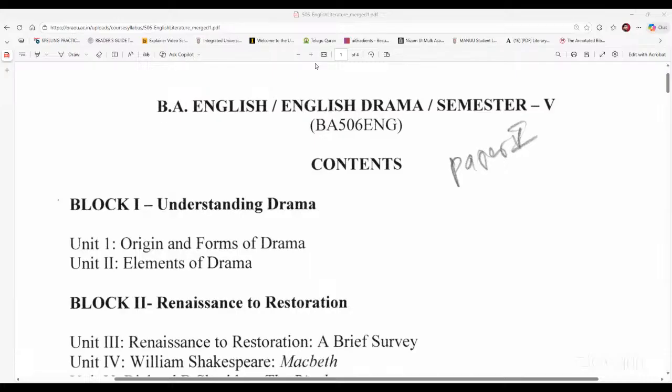The next important element is spectacle. What is spectacle? Spectacle includes the visual and sensory aspects of drama. So people come to watch drama. The way we go and watch movies, people used to go and watch the performance, see the performance.